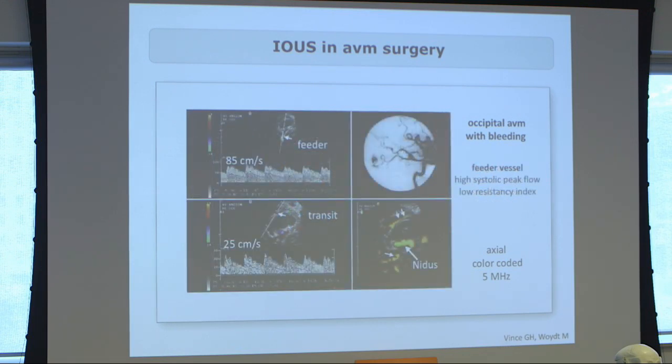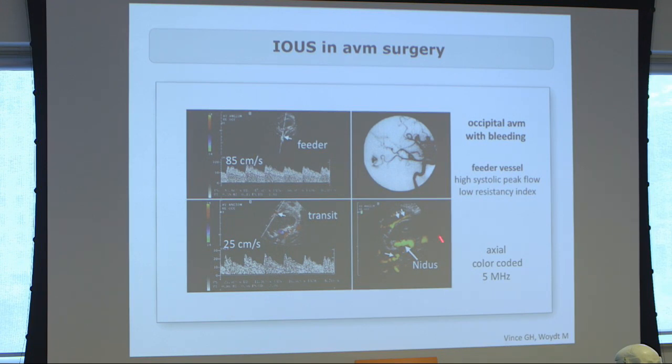And you can use the Doppler feature of the ultrasound to differentiate between feeding blood vessels, where the velocity is typically a lot higher than in transitory vessels, where speed is a lot lower. And these feeders tend, obviously, to point towards the nidus of the lesion that you're dealing with, and these transitory ones, they don't.